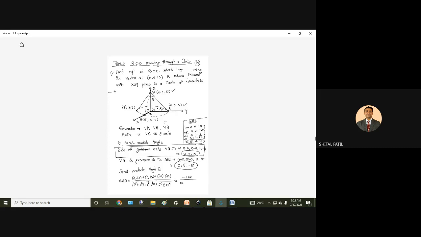Square root of 125 काय असते? Square root of 125. 25 into 5, so 5 root 5. I'll write remaining part on the other side. 10 will cancel, as well as minus 2 by root 5 will be the angle. Let me change the page.